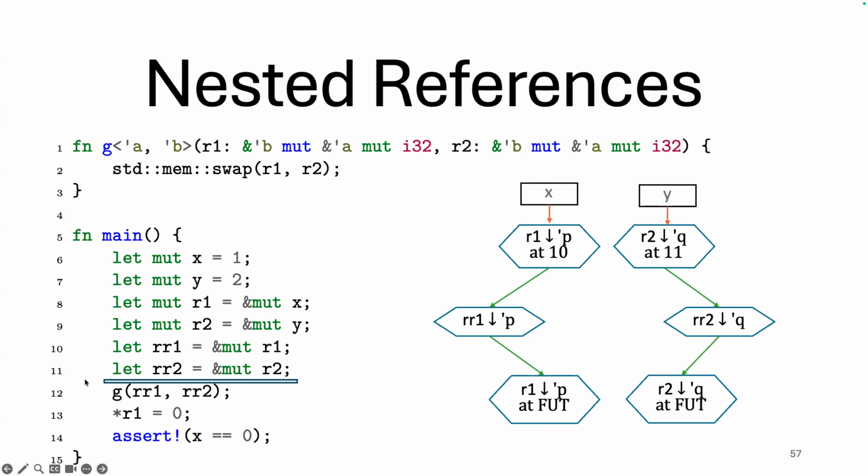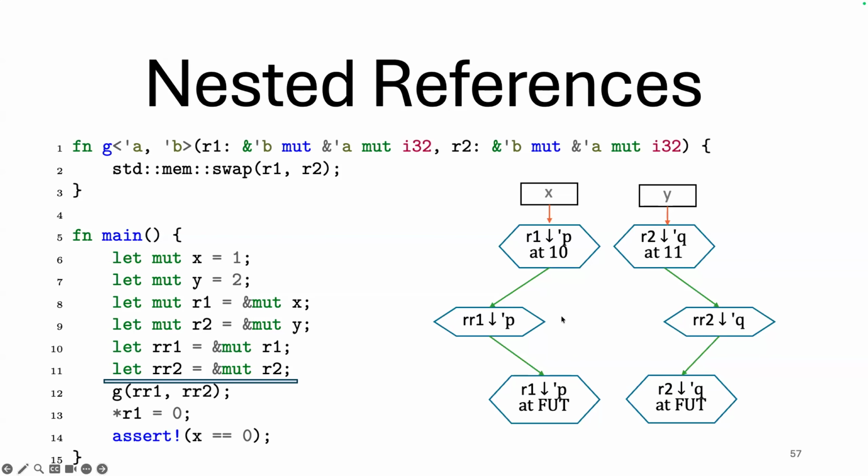So at line 11 here, whatever borrows end up getting put into R1 and R2 will become accessible via R1 and R2 when the borrow of R1 and R2 expires. Sorry, it's kind of a mouthful, but hopefully this gets the gist across.